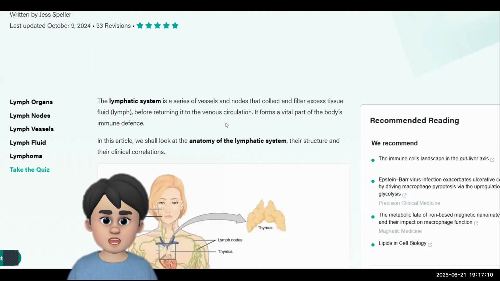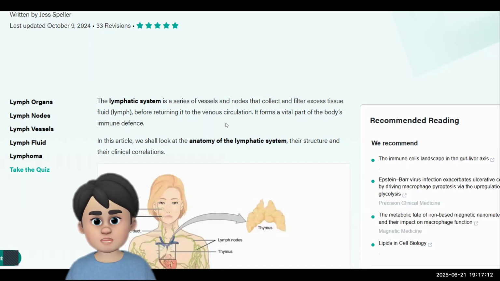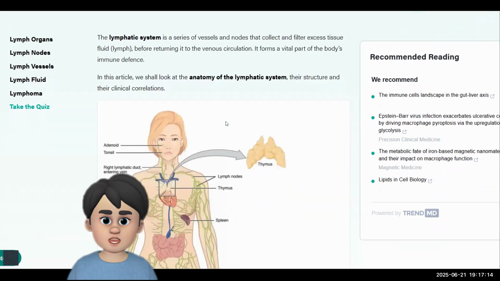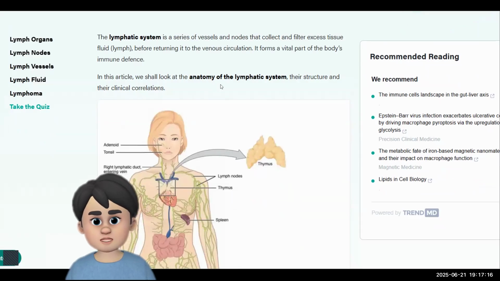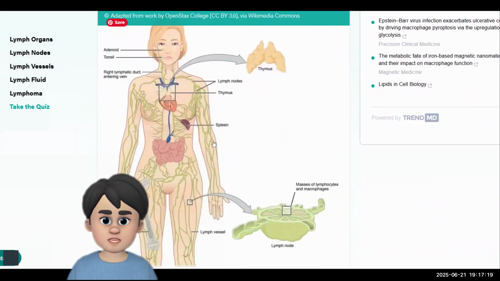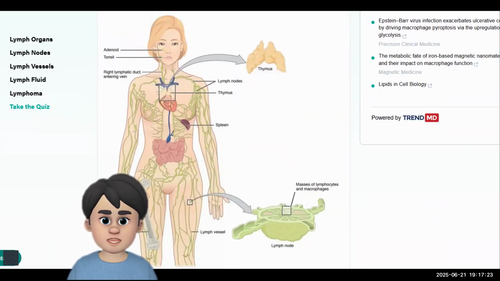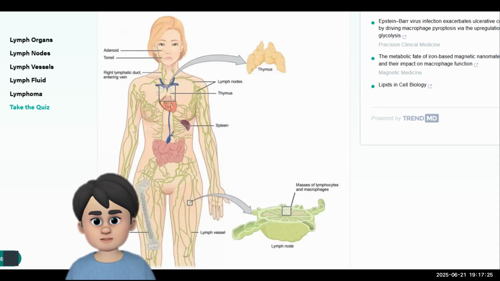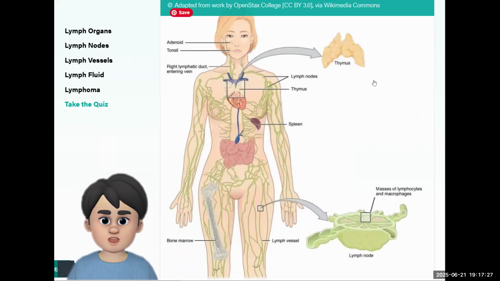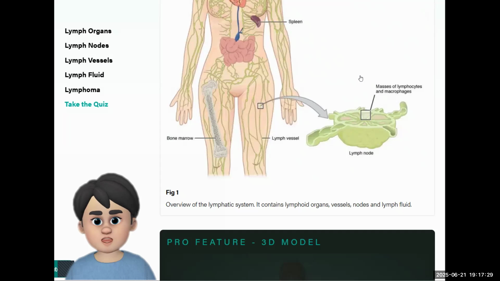It forms a vital part of the body's immune defense. In this article, we shall look at the anatomy of the lymphatic system. This all in green is the lymphatic system, right?